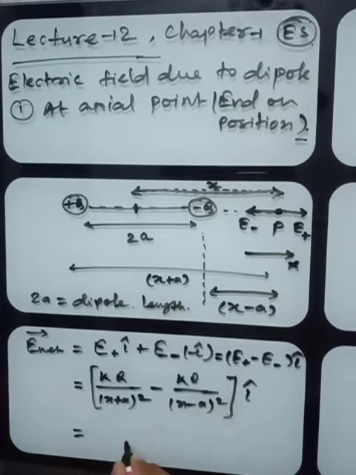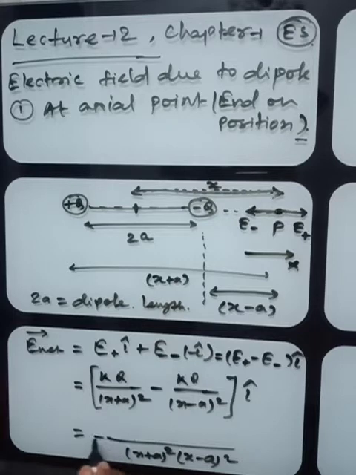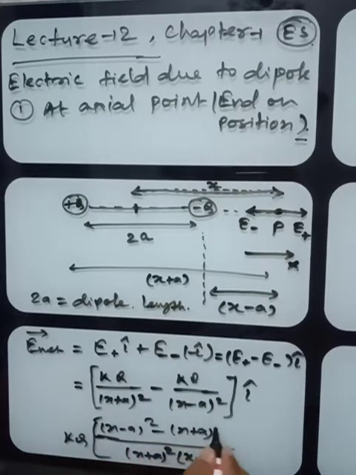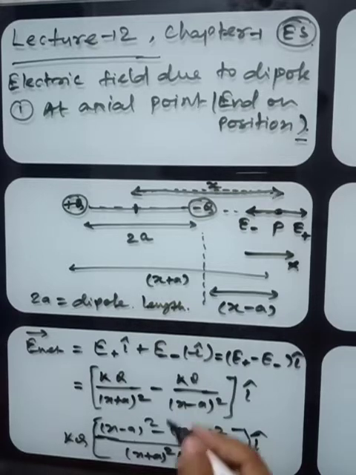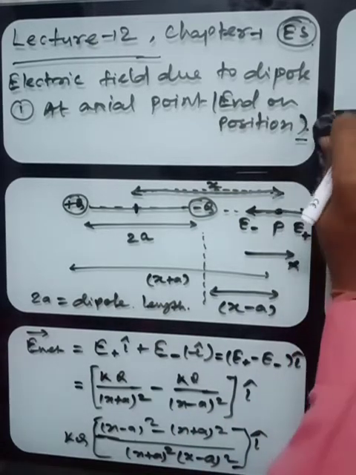We simplify by taking the LCM, x plus a whole square and x minus a whole square. In the numerator, kq times x minus a whole square minus x plus a whole square. This is a simple calculation you can do by yourself.